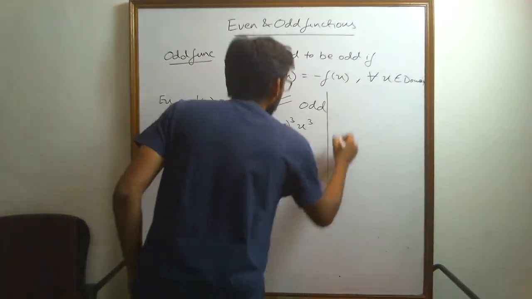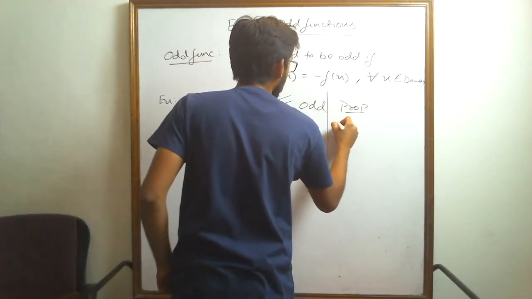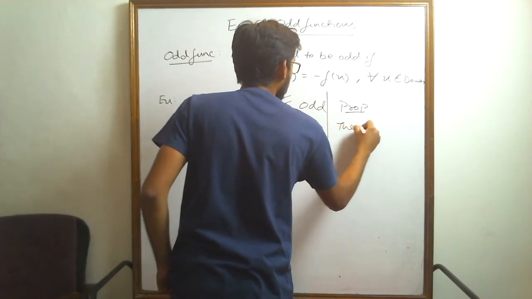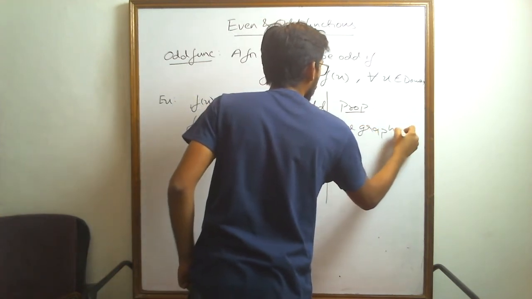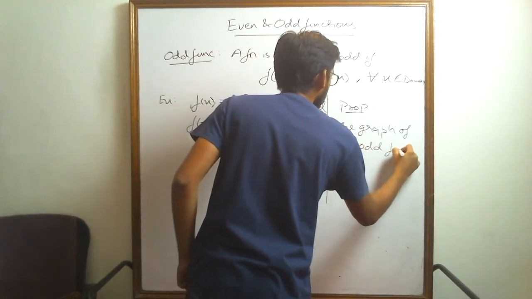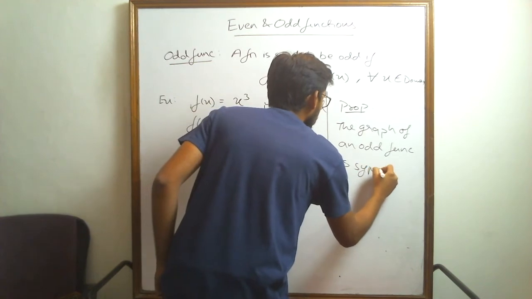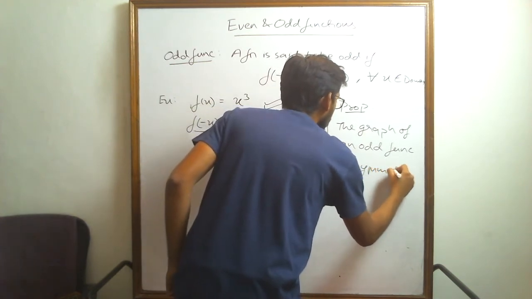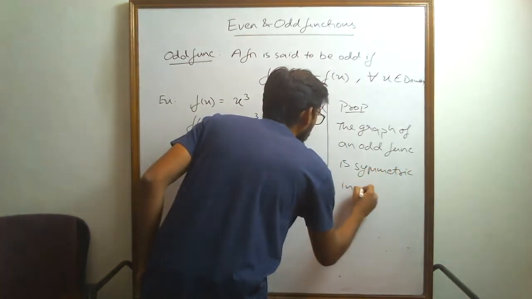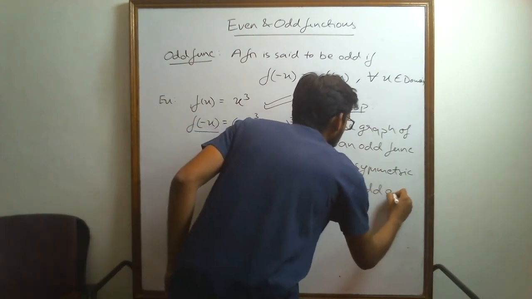Now the property of an odd function is that the graph of an odd function is symmetric in opposite quadrants.